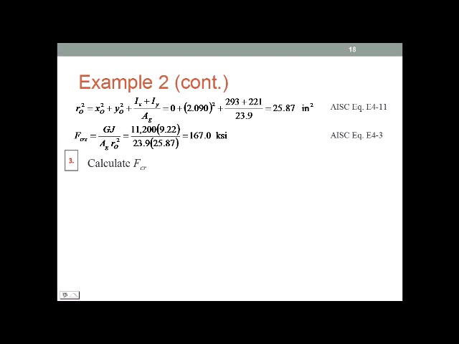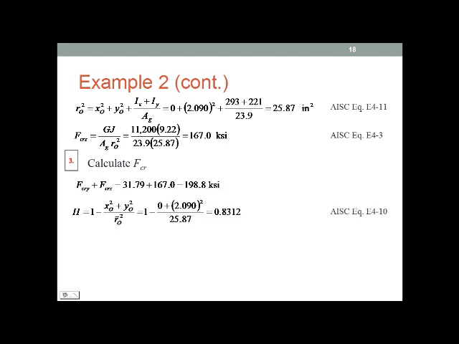Step 3. Calculate F critical. Now we need to calculate the sum of F critical Y and F critical Z. The sum of F critical Y and F critical Z is equal to 198.8 KSI. Now we need to calculate the term H. The term H can be calculated using equation E4-10 found in the AISC specifications.